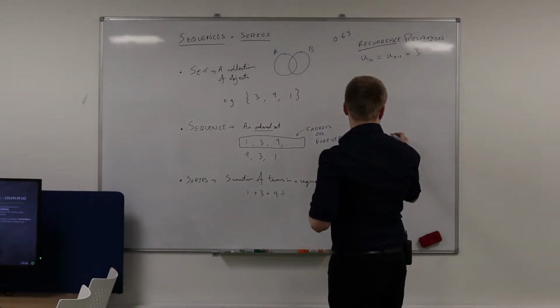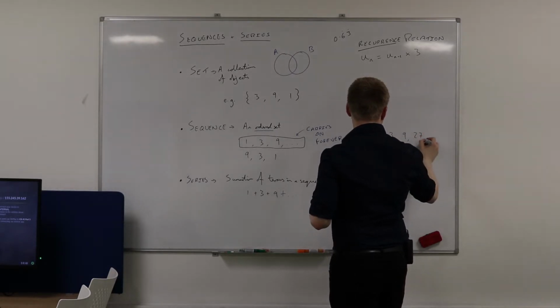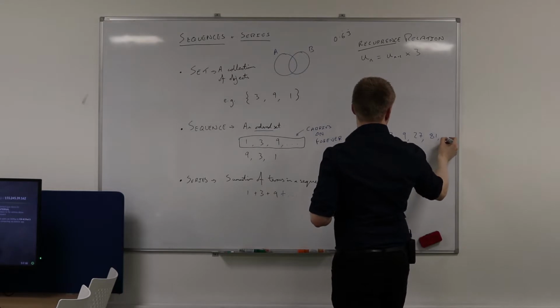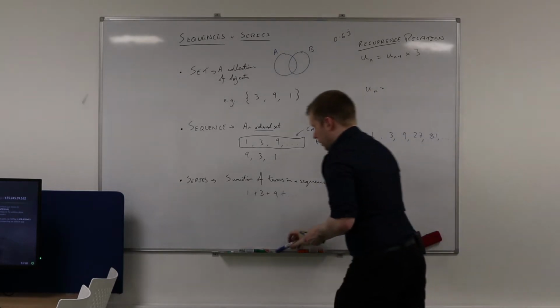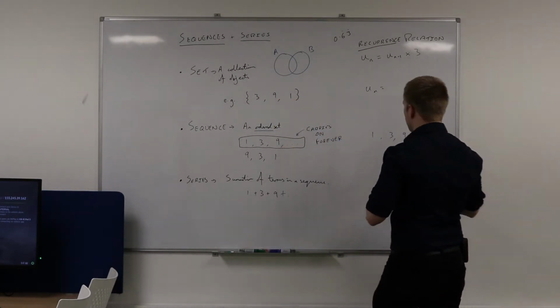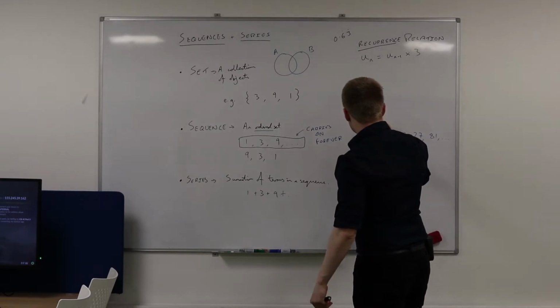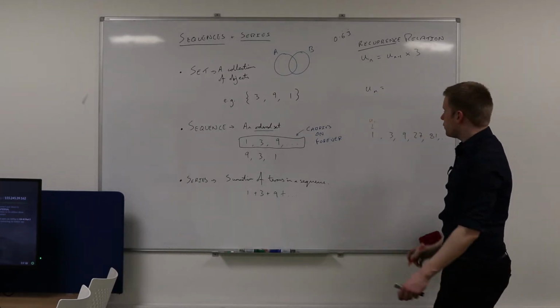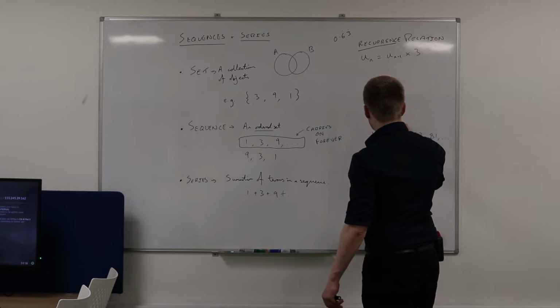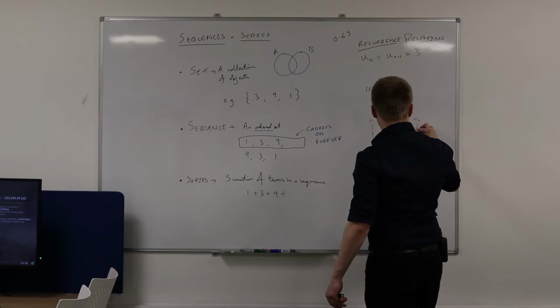So I go 1, then 3, then 9, then 27, then 81. So yeah, good. I'm multiplying by 3 each time. So actually, let's number each of these terms. This would be u1, the first term. This would be u2, this would be u3, u4, etc.